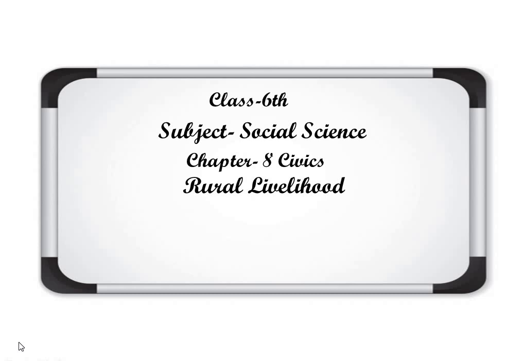Then we talked about the main economic activity in the rural areas, that is agriculture, and we have taken the example of Kalpattu village in which we talked about different types of farmers. Out of all three types of farmers, we talked there about two farmers.